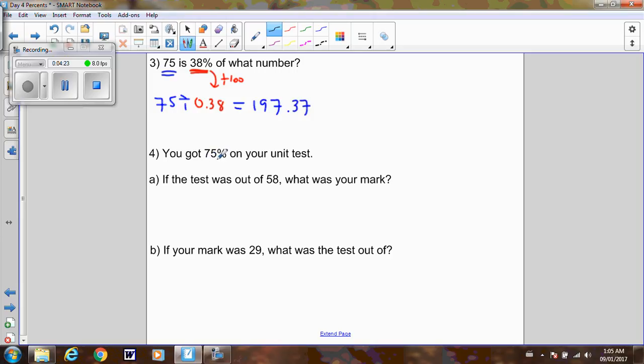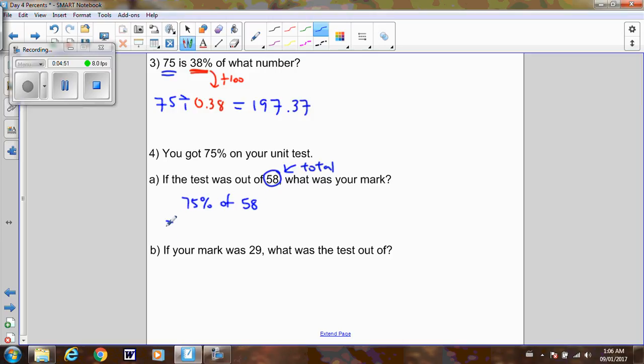Number 4, you got 75% on your unit test. If the test was out of 58, what was your mark? This is something a little interesting here. So this here, 58, is the total. So what they really want to find is what is 75% of 58.